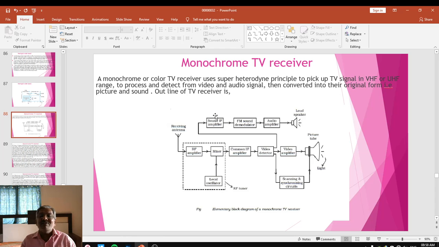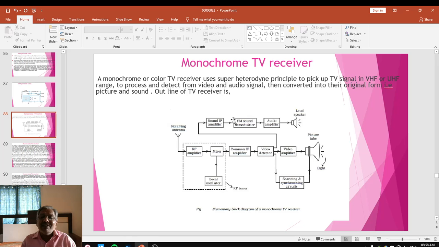After amplifying the sound signal here, it is given to the FM sound demodulator. As we are well aware, the sound signal is frequency modulated. At the beginning of the television receiver we studied that the sound signal is frequency modulated, whereas the picture or video signal is amplitude modulated.